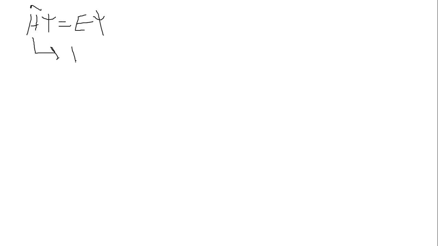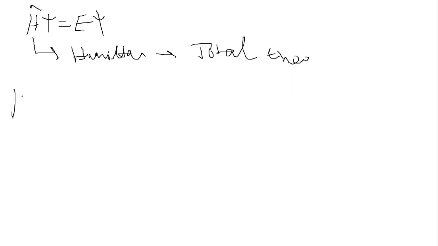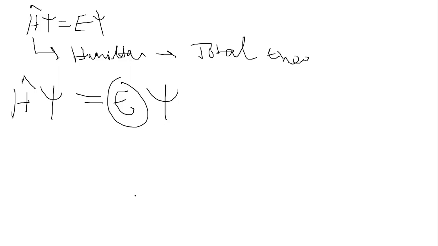This H is the Hamiltonian operator, which is the total energy operator. Its eigenvalue is E. If you operate the Hamiltonian operator on a wave function psi and get some value times the same wave function psi, then we call it the eigen energy value.